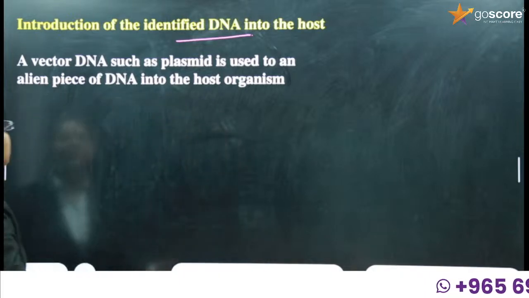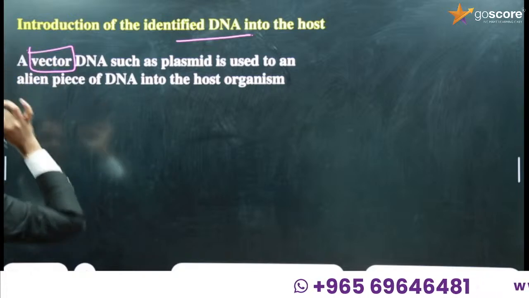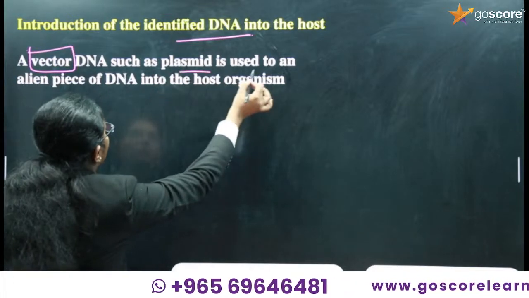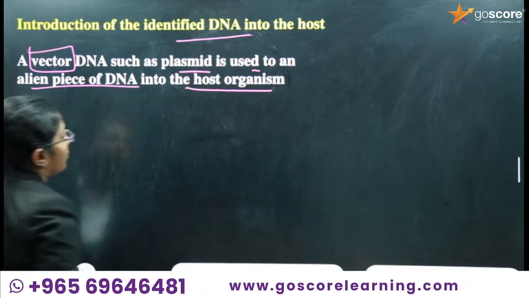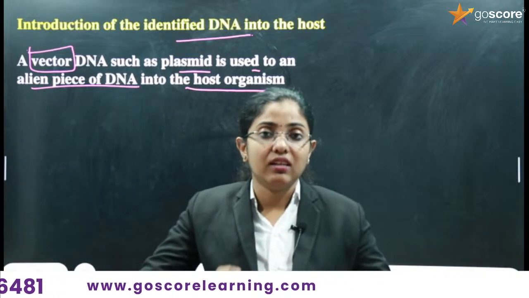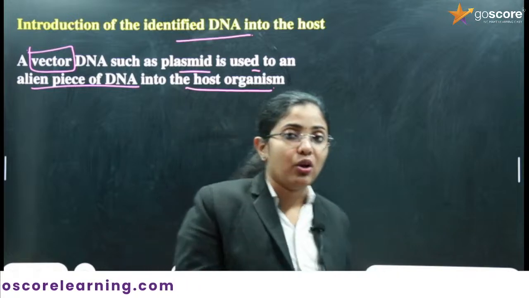So how can it be transferred? Here another important term is vector. A vector DNA such as a plasmid is used to carry an alien piece of DNA into the host organism. So first the desired gene is taken and then integrated into the vector or plasmid.